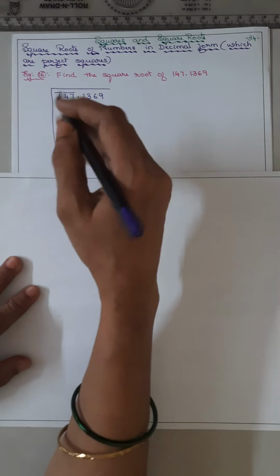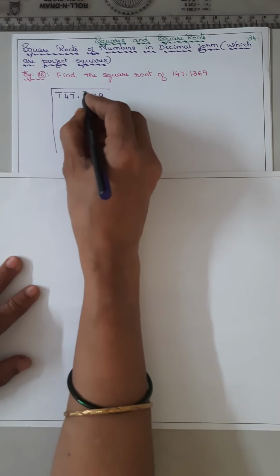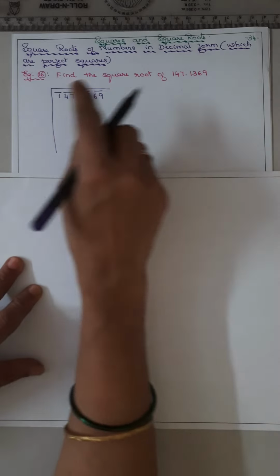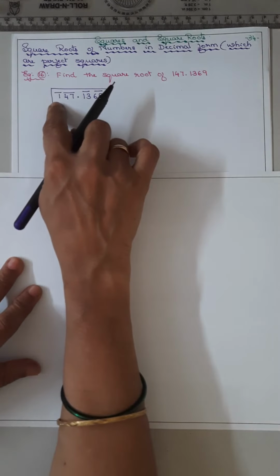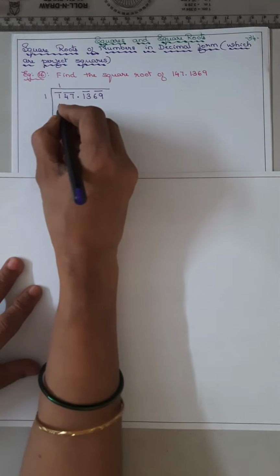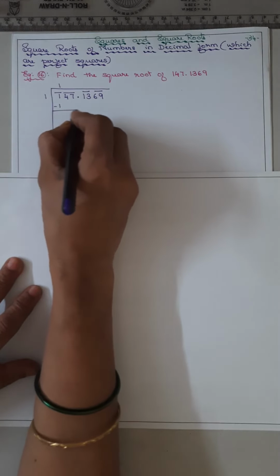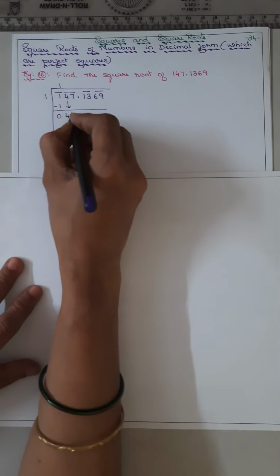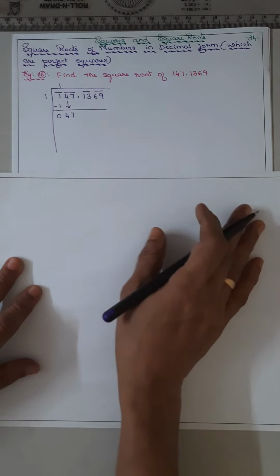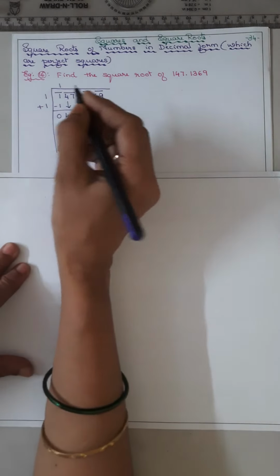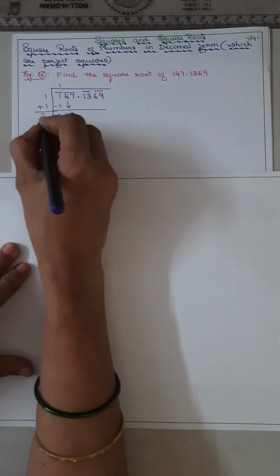And in the decimal places, you have to move from left to right, so 13 and 69. Now the same method. 1 ones are 1. Subtract, you will get 0. Bring 47 down.